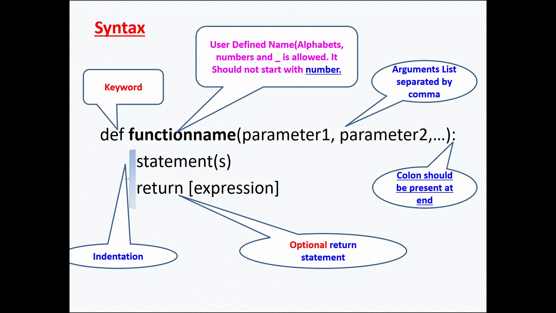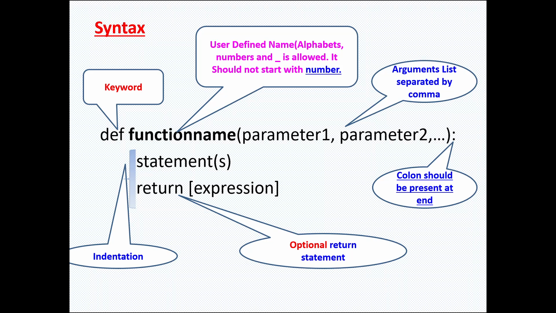The block of statements always starts with the colon. After writing the code statements, the block is ended with an optional return statement, whose syntax is return, square brackets, expression within the square brackets. This is optional. If you want to return more than one value, separate the values using commas. The default return value is None.